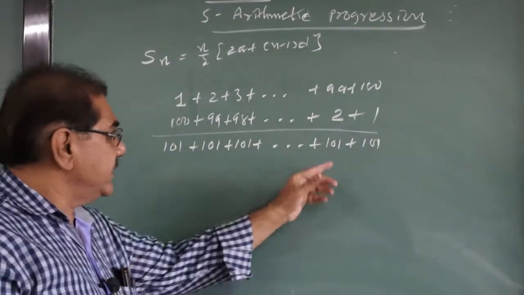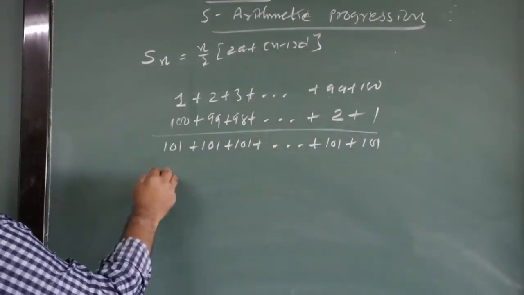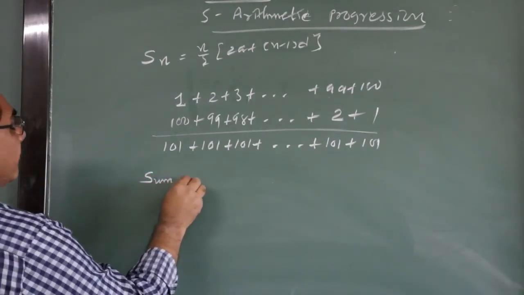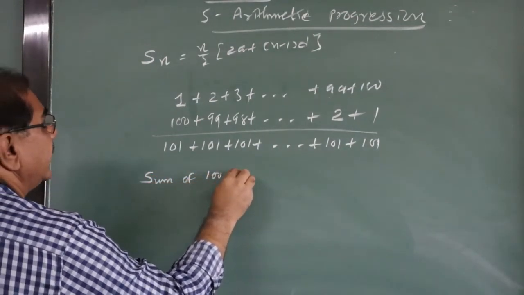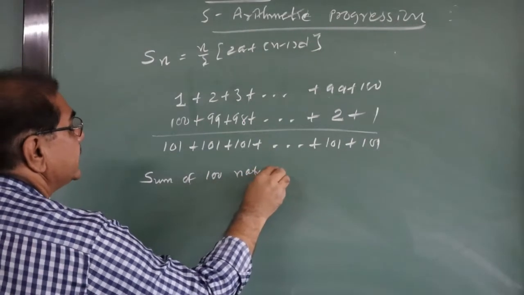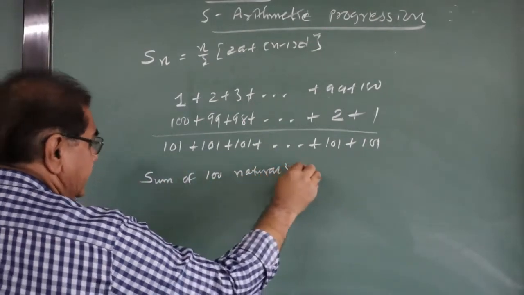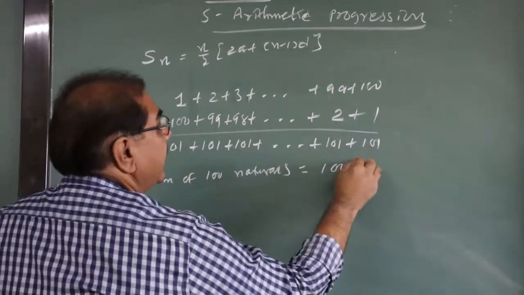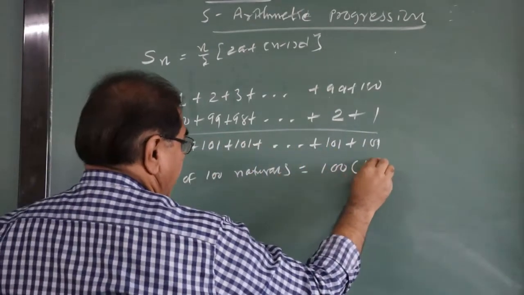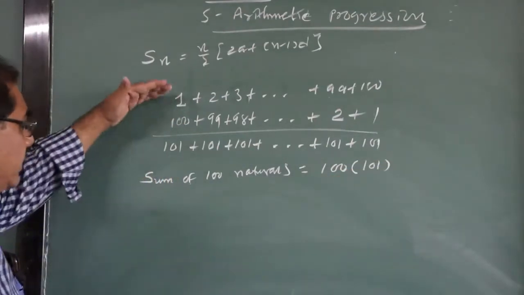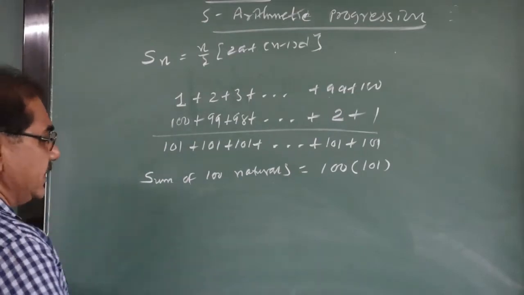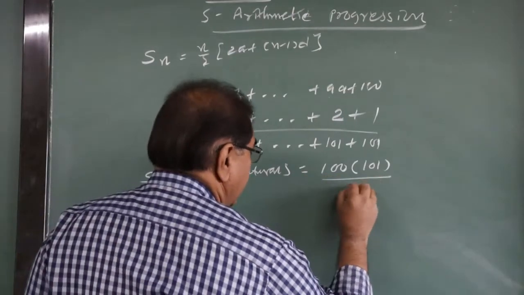So he said that the sum of the first 100 natural numbers is equal to, it is total 100 numbers, so 100 times 101. But as he took the series 2 times, the result was divided by 2.